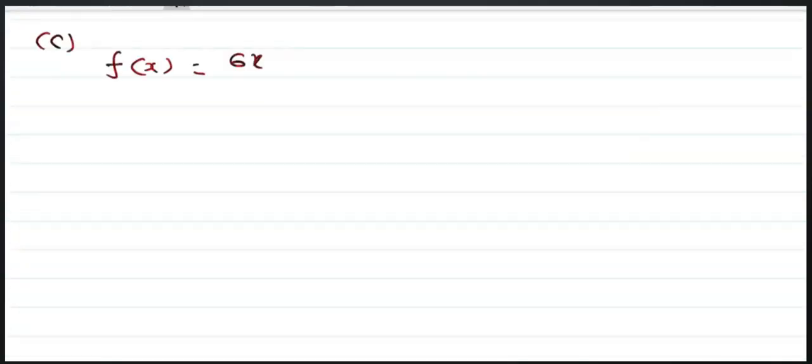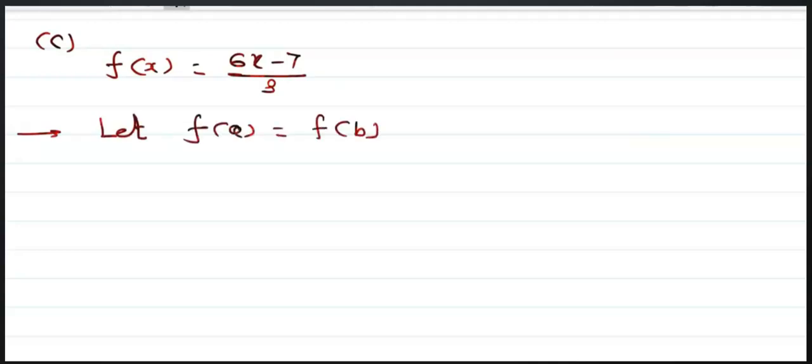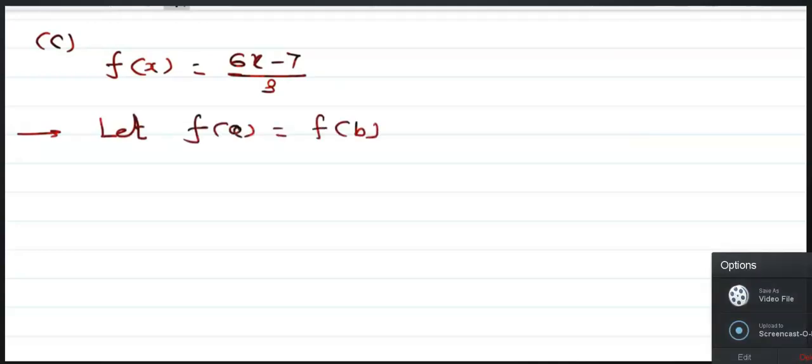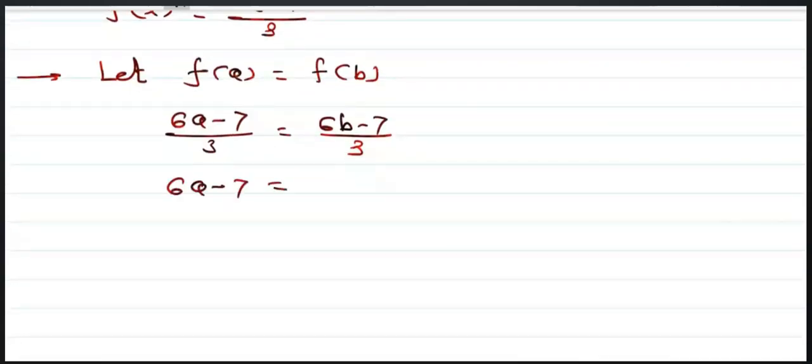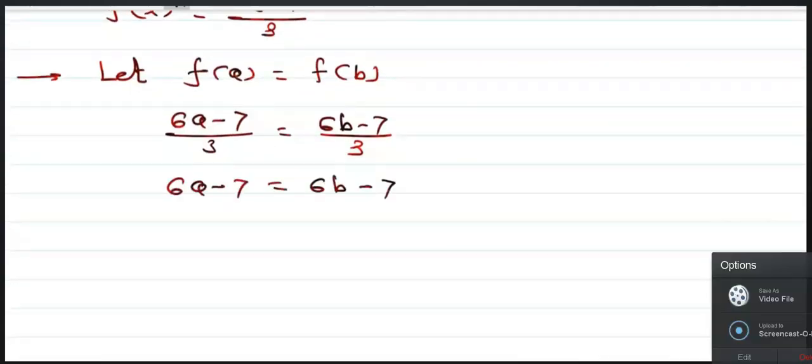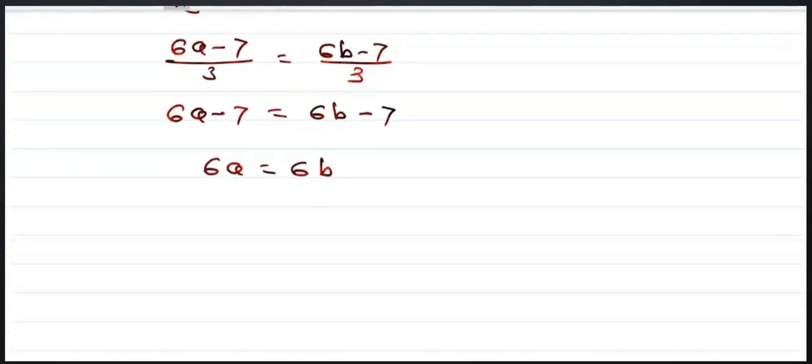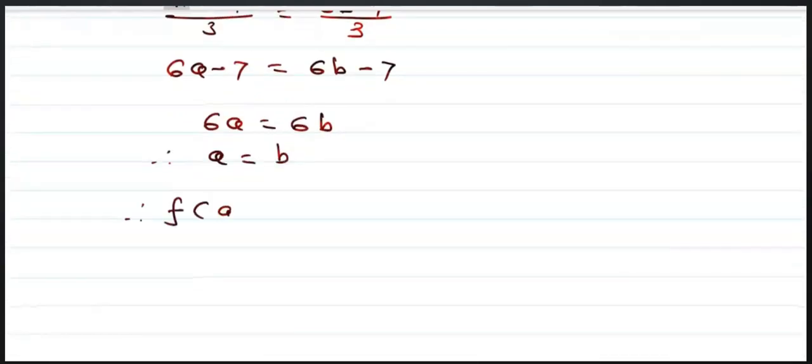Now next, f of x is equal to 6x minus 7 upon 3. In this case, suppose that f of a is equal to f of b. Then what will happen? 6a minus 7 upon 3 equals 6b minus 7 upon 3. If you simplify it, then we get a is equal to b.